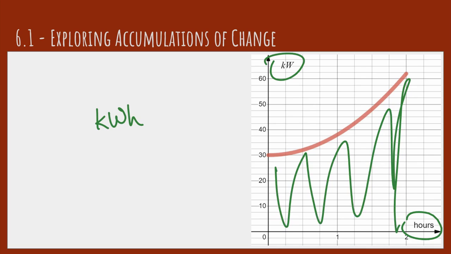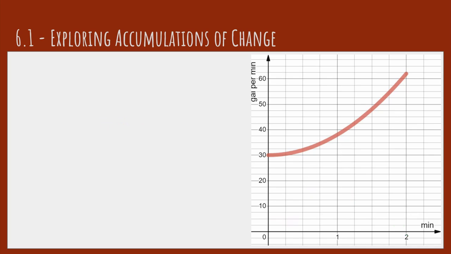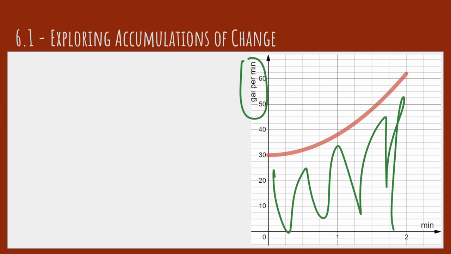And that represents a total amount of electricity. We might see a rate like gallons per minute, which might represent how fast water is flowing into a tank. And again, if we know how fast water is flowing into a tank given by this graph, the area here is going to tell us how much water flowed into the tank over the time interval.